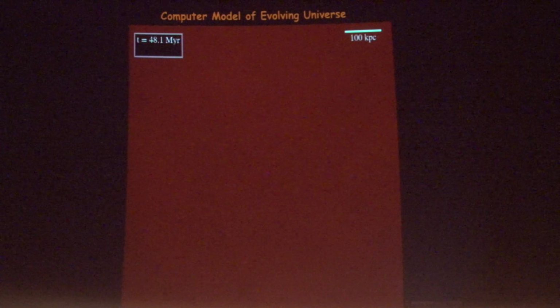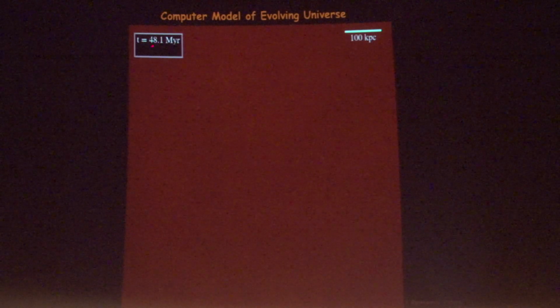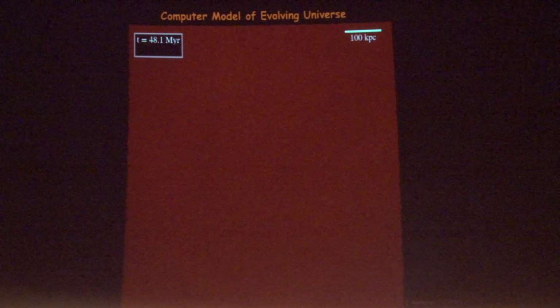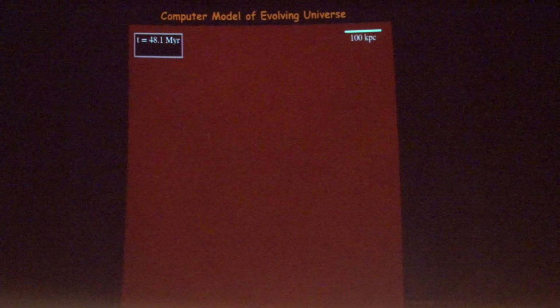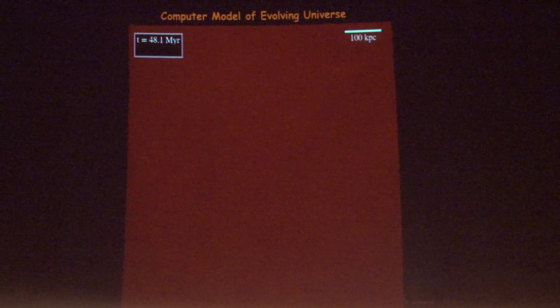And you'll see this counter here going faster than you'll be able to read. Here is the predicted large-scale structure evolution of the universe in 17 seconds.